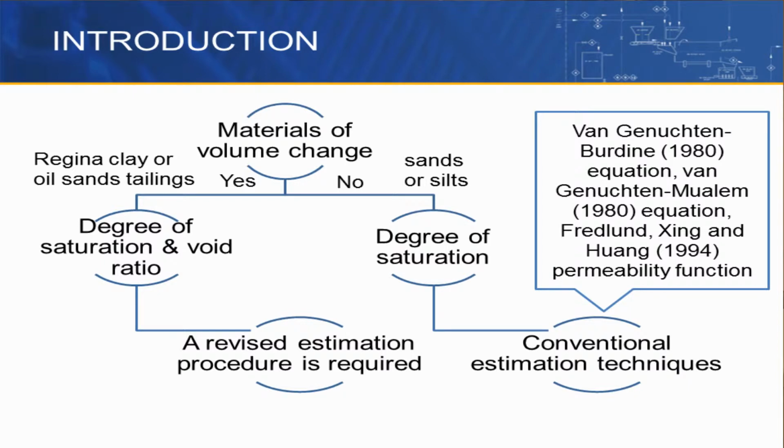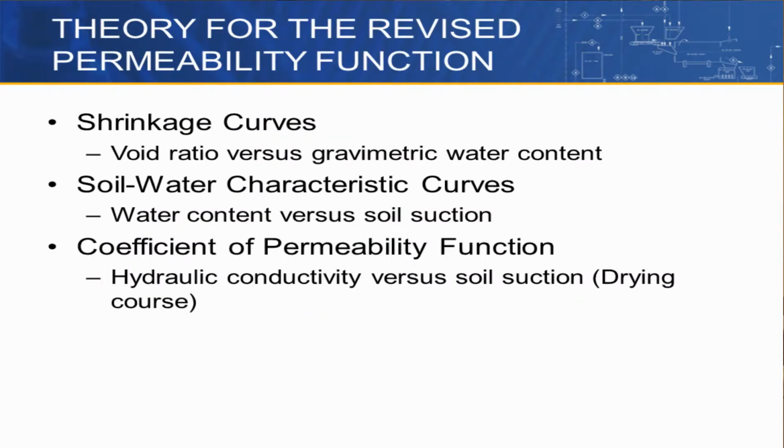But for high-volume change materials like Regina clay or oil sands tailings, both degree of saturation and the void ratio should be considered. And then this study proposed a revised estimation of permeability for such kind of materials.